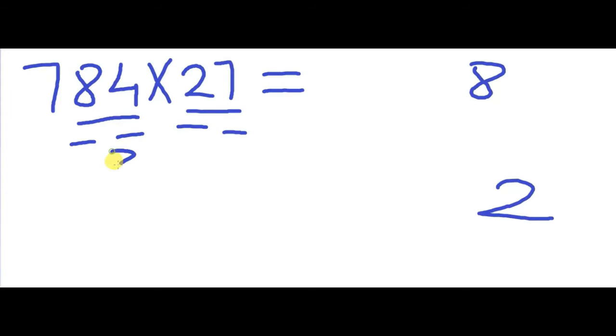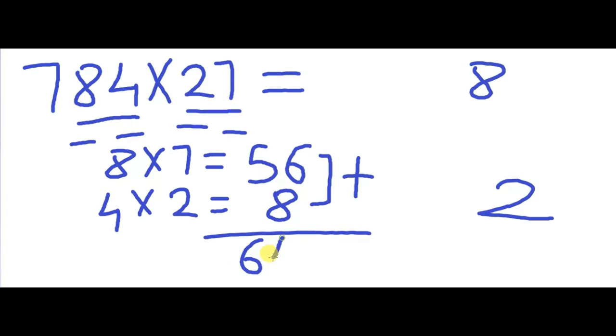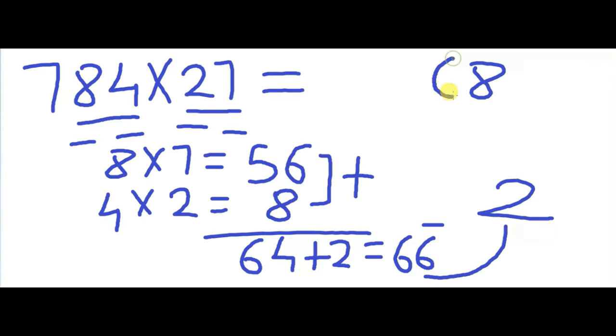So 8 into 7 is 56, and 4 into 2 is 8, and take addition of these both numbers, so it's 64, and add the carry from the previous step, which is 2, so it is equal to 66. So write down this 6 in the answer and take this 6 as a carry for the next step.